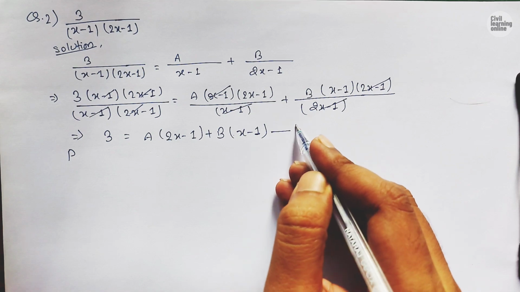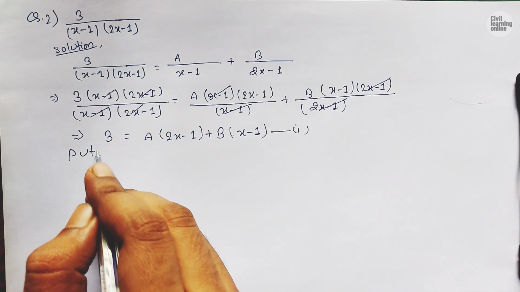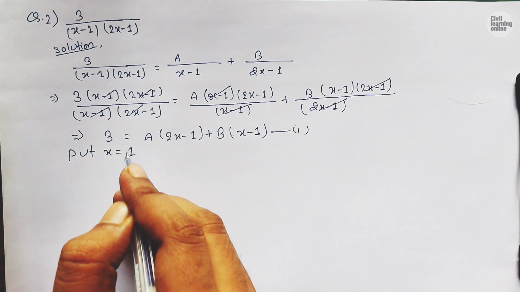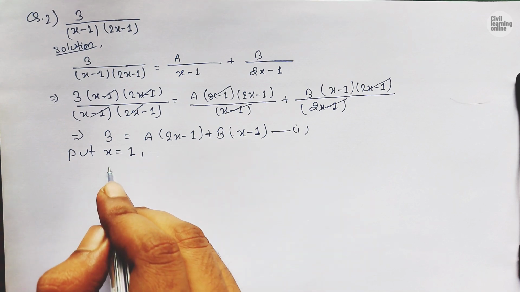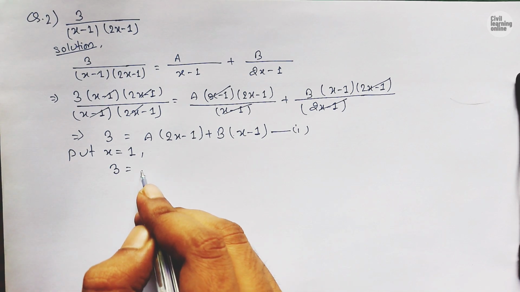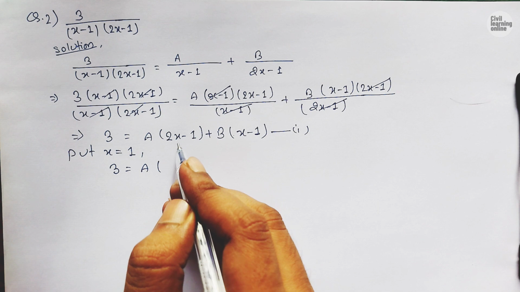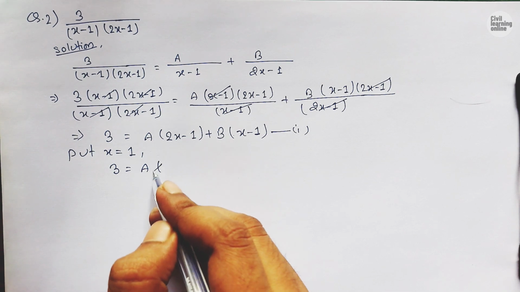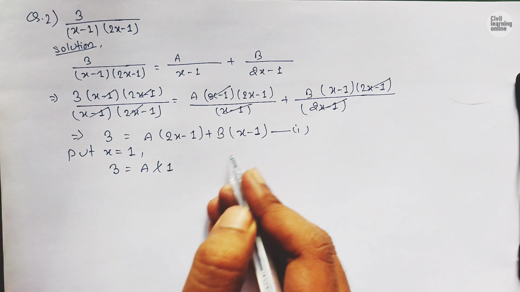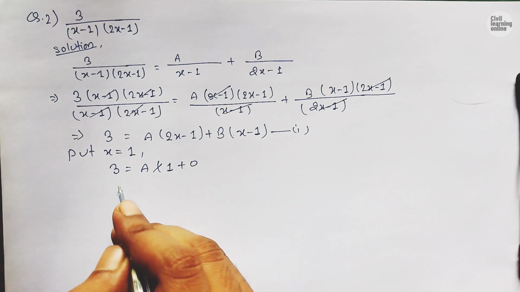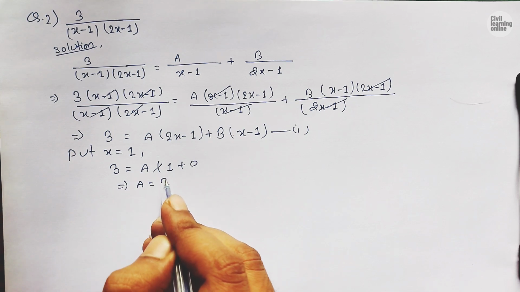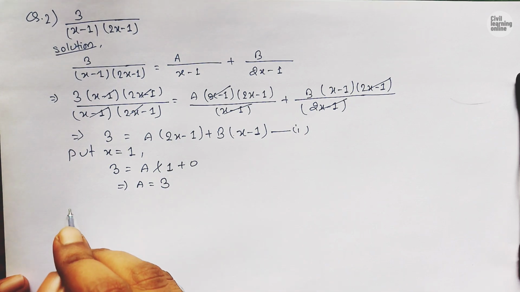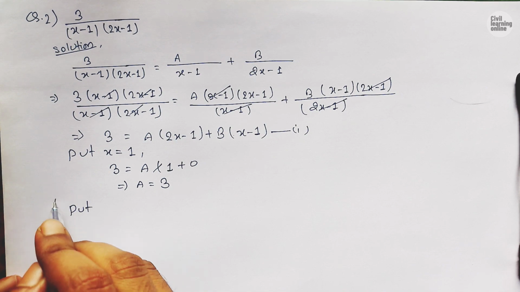Let this be equation 1, and right here put x equals to 1. So on putting x equals to 1, we have here 3 equals to a times 2 times 1, so 2 minus 1 will be 1, and this will get 0 plus 0, so from here we have a equals to 3.